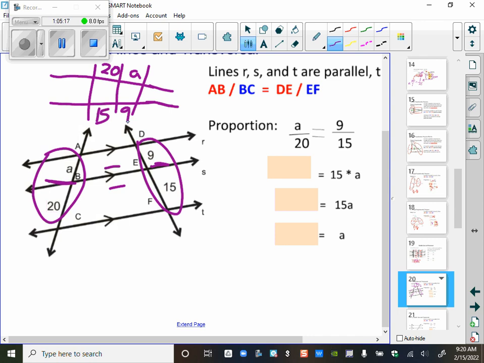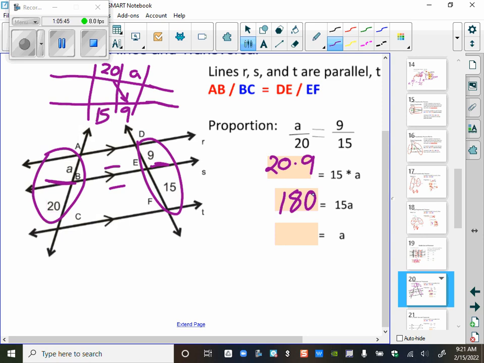So you have it this way, you have it that way on the top. You're still going to be multiplying diagonally. You're still gonna multiply that 20 times 9, which, who could tell us what 20 times 9 is? 180. And then 180 divided by 15.